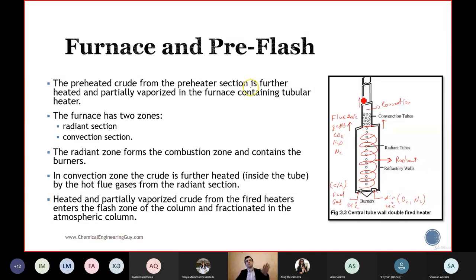So all furnaces have two sections, radiant section and convection section. In the radiant section, you have the burners' main fire, where you have the main heating area of the tubes, and these tubes leave the furnace. But in the convection section, you can heat the streams that have lower temperatures.